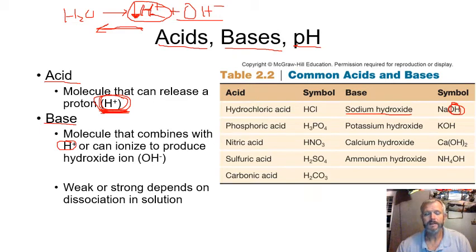Let's look at the difference between what we call a weak and a strong acid or base. Let's look at hydrogen chloride. If you remember, chloride is on that far right column. If chloride's bound to hydrogen, this is ionically bonded. What happens when we put ionic compounds into water? They dissociate, they ionize.